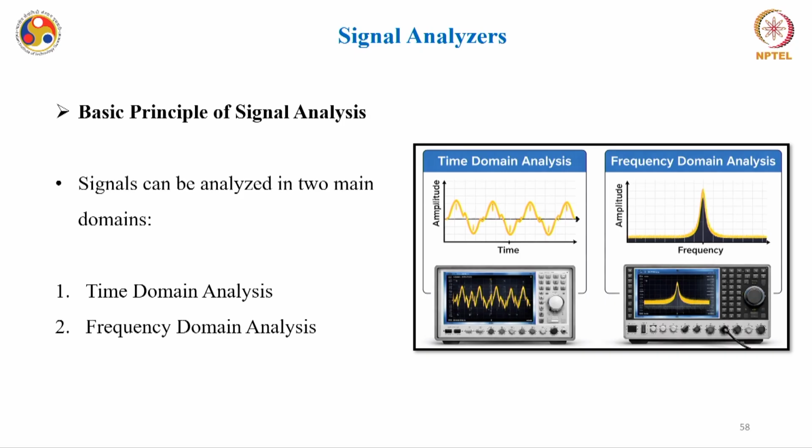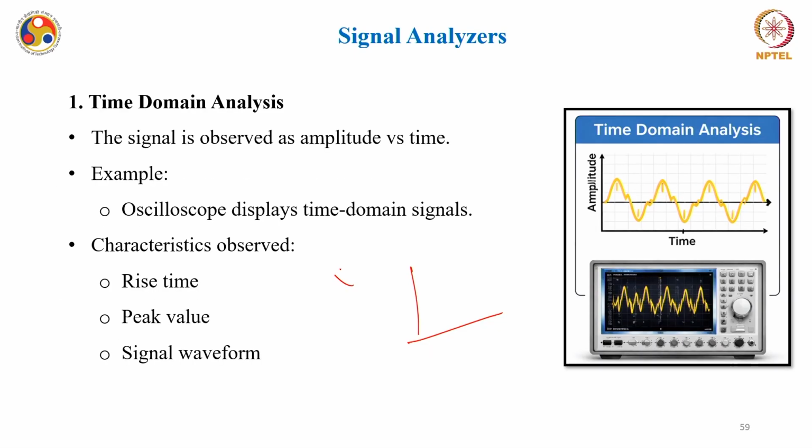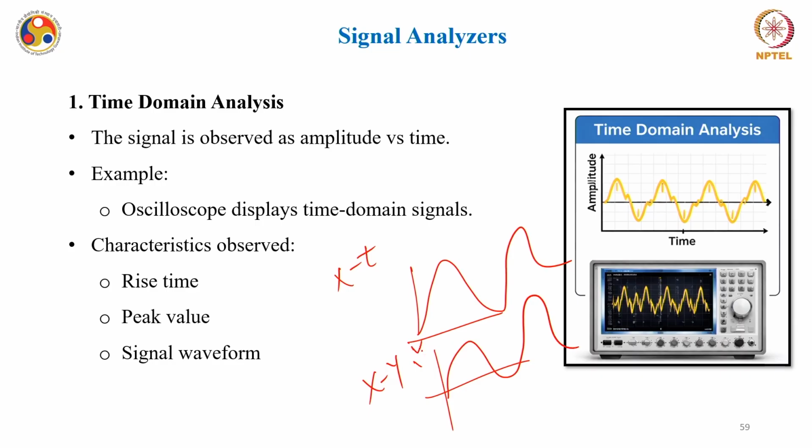In the XT mode, oscilloscopes can generate voltage versus time. We have also seen that in XY mode it can generate any voltage versus any voltage, say V1 versus V2. But till now we have not seen how we can generate amplitude versus frequency.